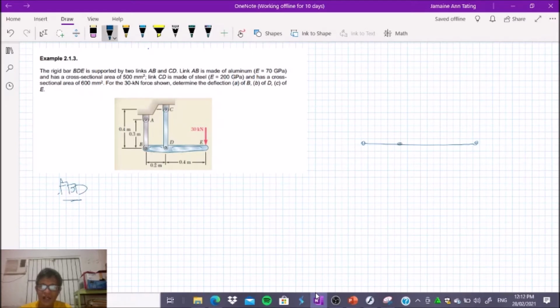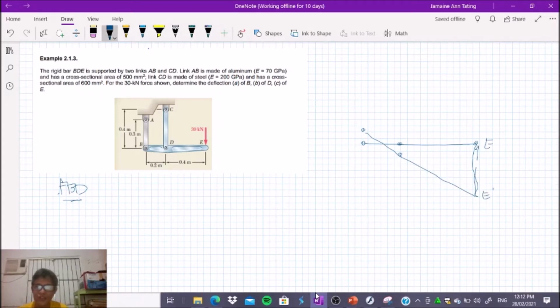So sabi ko, aangat ito dito, ito bababa, then ito susunod na. Kaya magiging ganyan na siya. Diretso dito. Ibig sabihin, this is the downward movement of point E. So, designate na natin ito as E prime.